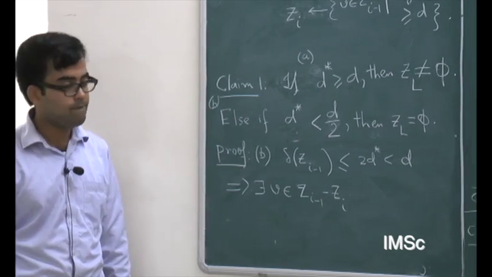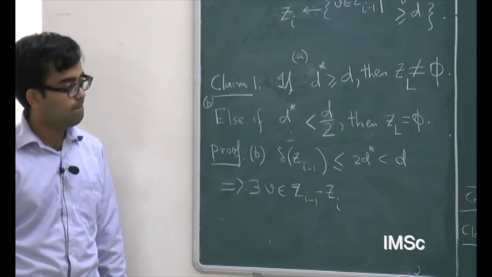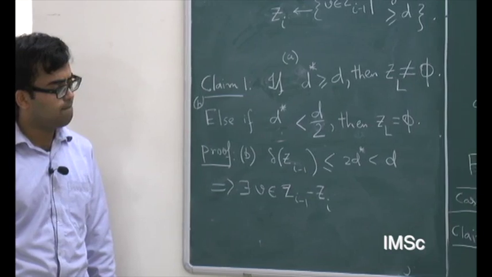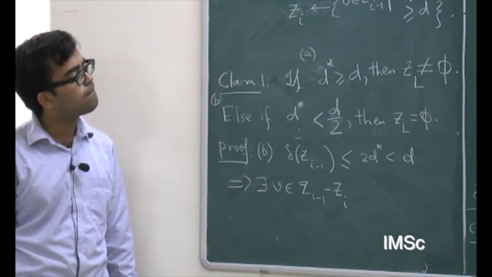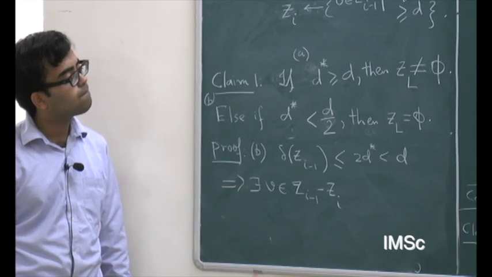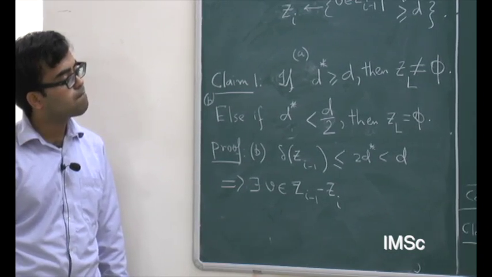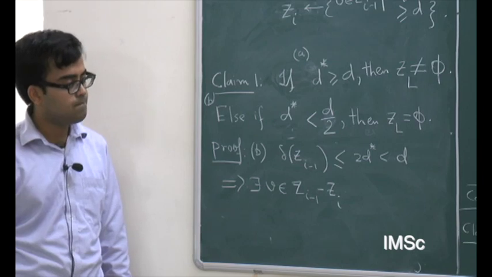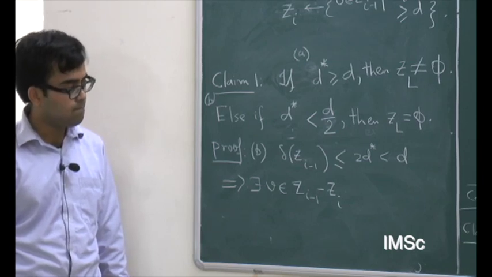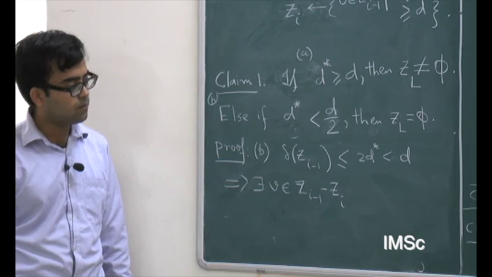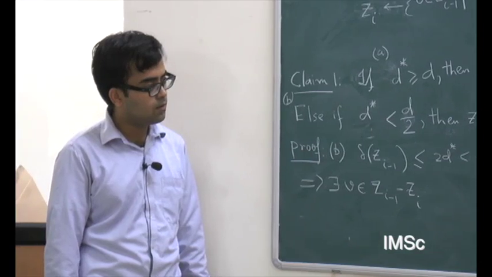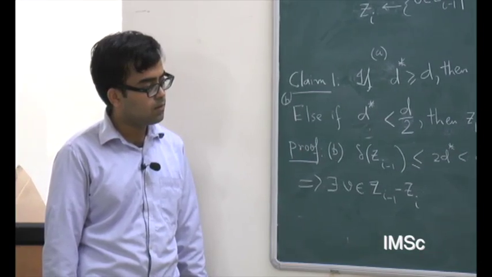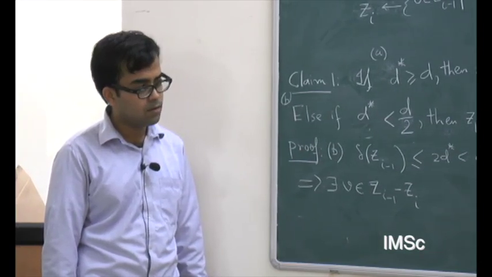So D star is some multiple of 1 by n that we can use. So delta of Zi minus 1 we know is equal to D star. But D star is some x by n. Okay. But D is an integer. So that gap we can probably use. There's a gap of 1 by n there.